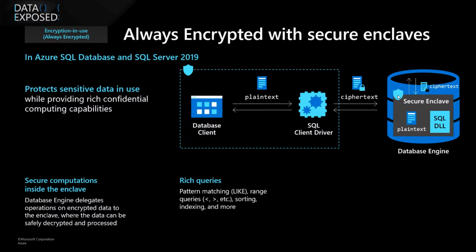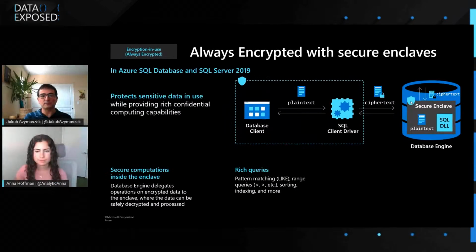And in this version of Always Encrypted, which, by the way, is generally available in SQL Server 2019, and is currently in public preview in Azure SQL Database, we managed to support pattern matching, range queries, and sorting, and all of that with indexing and a few more operations, right? So that's one very important benefit of secure enclaves, richer queries, right?